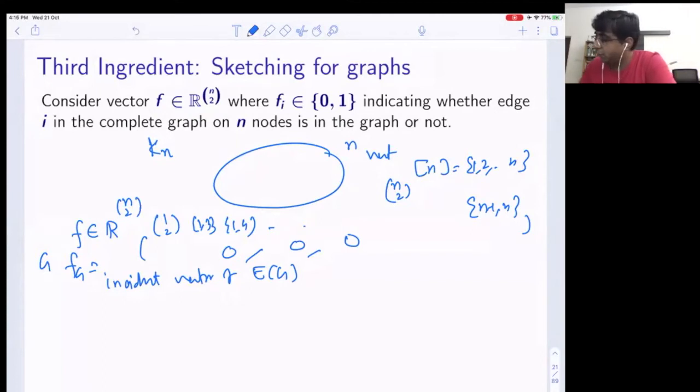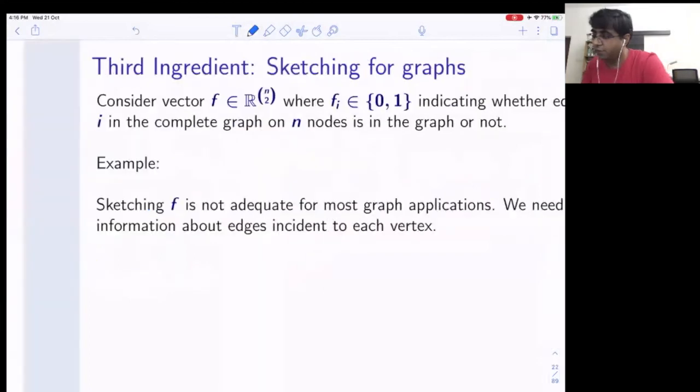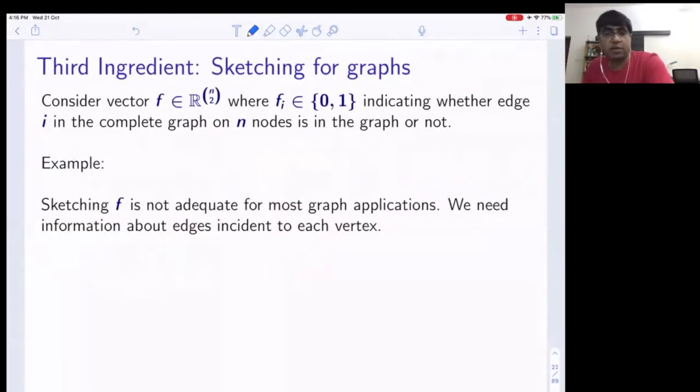But unfortunately, this has been used in some contexts, but for our graph application, we need information about the edges incident to each vertex, not all the edges present in the graph. So we need a slightly different way of looking at these vectors.